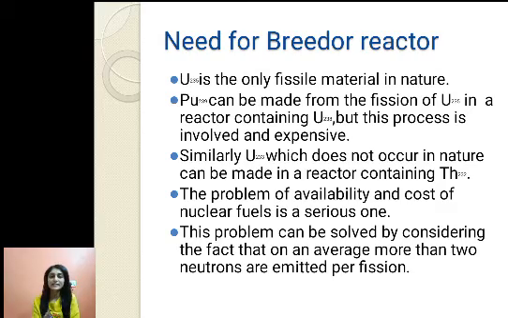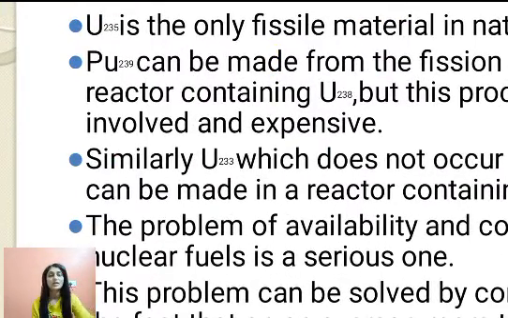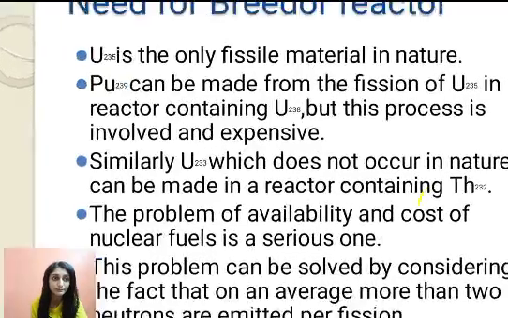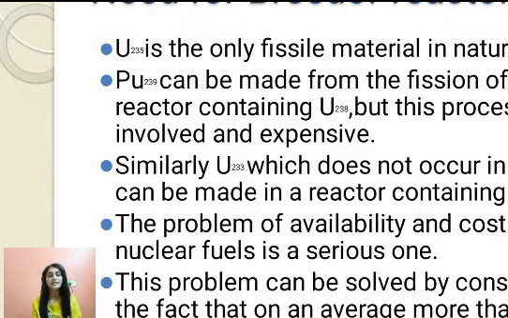So what is the need for a breeder reactor? We have uranium 235, and uranium 235 is the only fissile material which is available in nature. Plutonium 239 can be made from the fission of uranium 235 in a reactor containing uranium 238, but this process is involved and expensive.